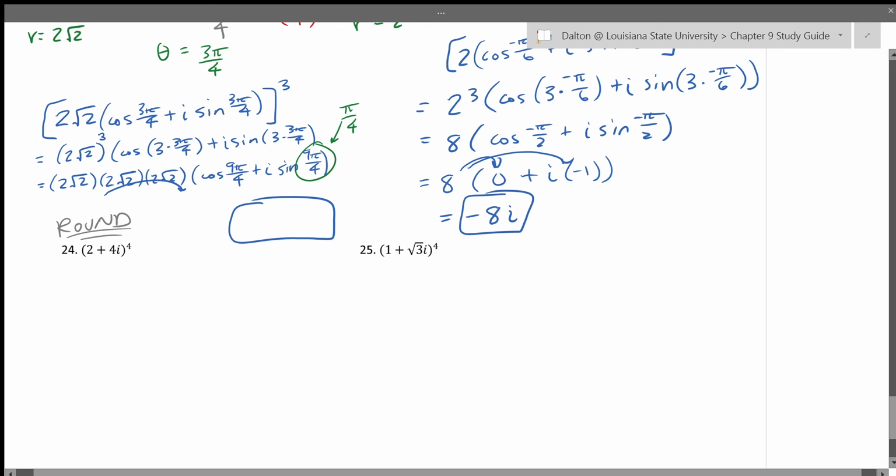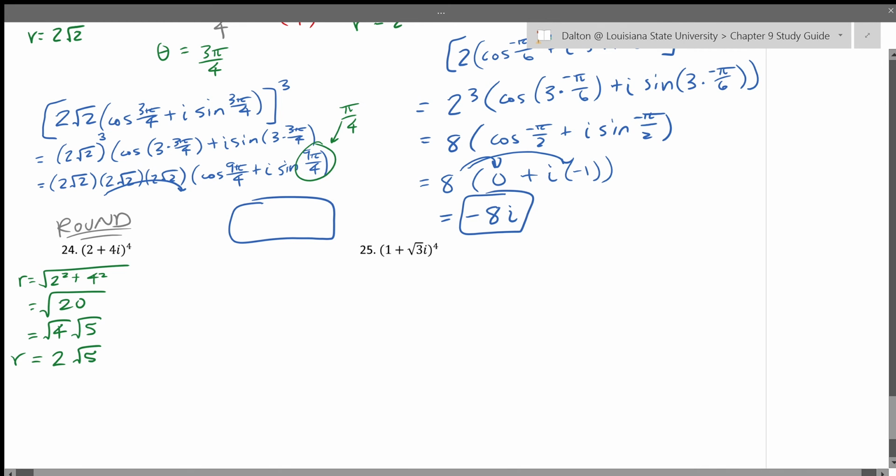So r is going to be the square root of 2 squared plus 4 squared, which will be the square root of, that's going to be 4 plus 16, which is 20. And the square root of 20 can be simplified to be the square root of 4 times the square root of 5, which will be 2 square roots of 5. So that's r.